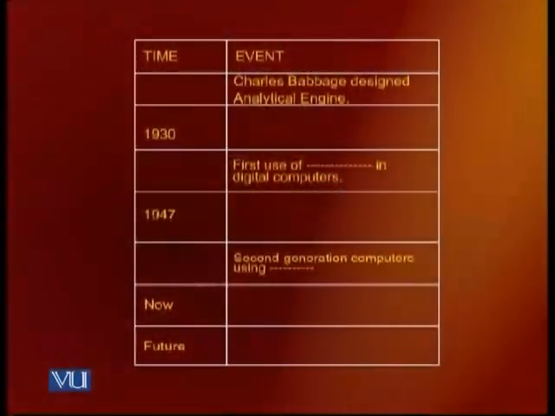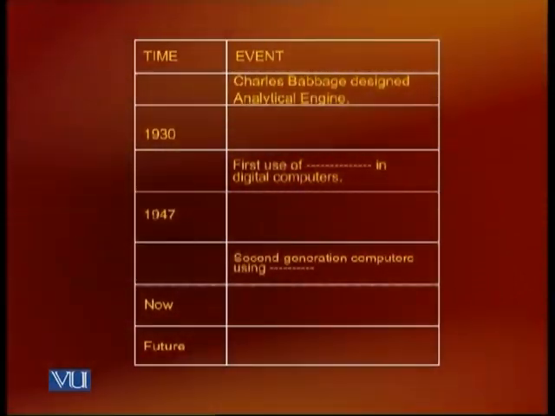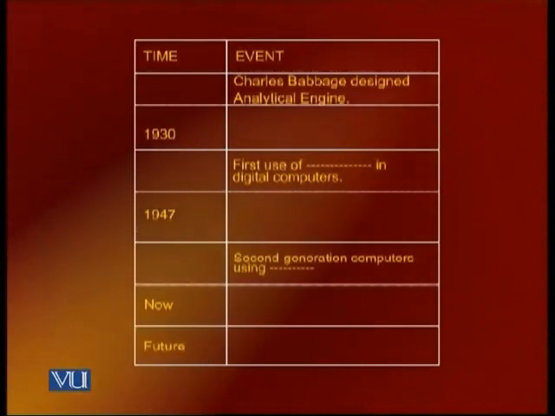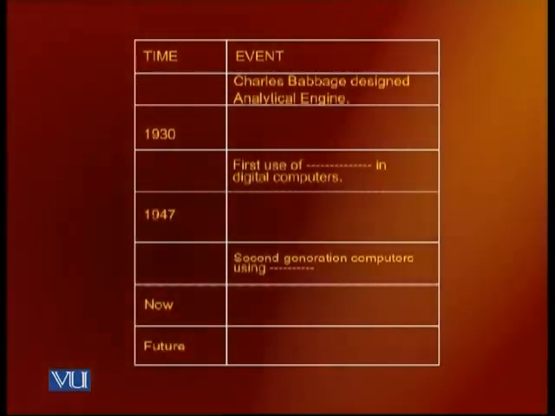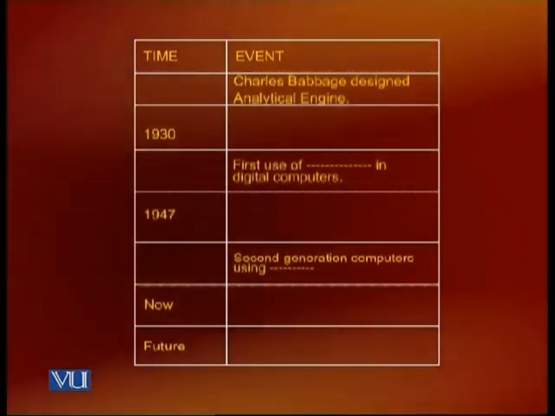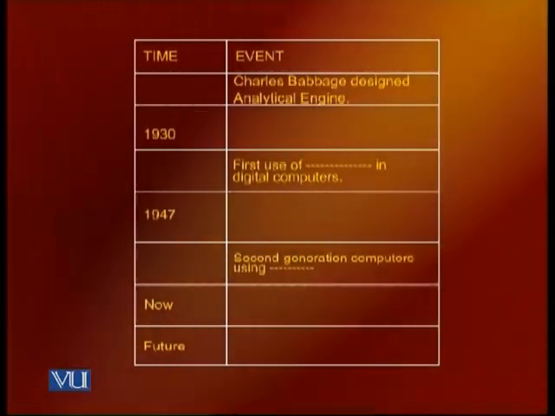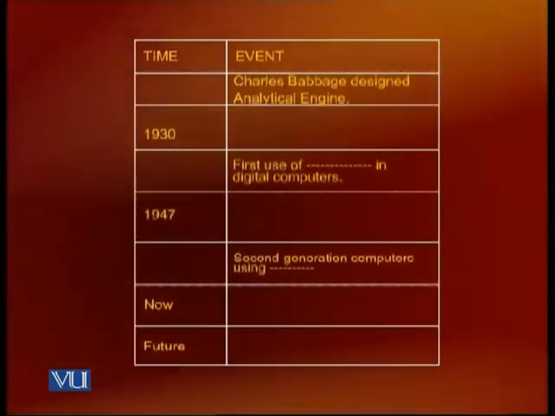Then you have a clue: first use of vacuum tubes. When did that take place? That took place in 1946. In the time column, you write 1946, and you have first use of vacuum tubes in digital computers.